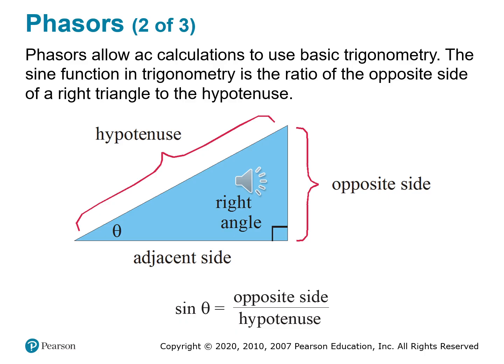In phasor terms, sine theta gives us the vertical projection, the sine wave. And if the hypotenuse is V sub p, then v equals V sub p times sine theta, the same formula we've been using. So this matters because it means phasors let us apply triangle rules to AC waveforms. We can analyze AC circuits using geometry, and we can solve for voltage and current relationships without time domain complexity.